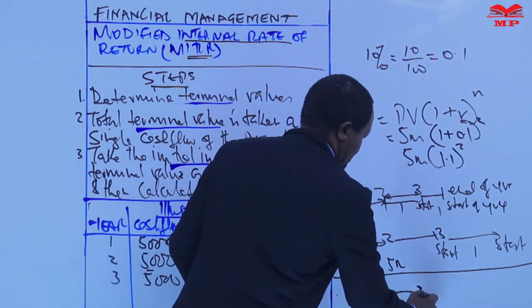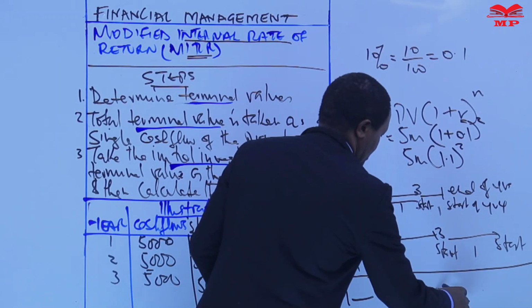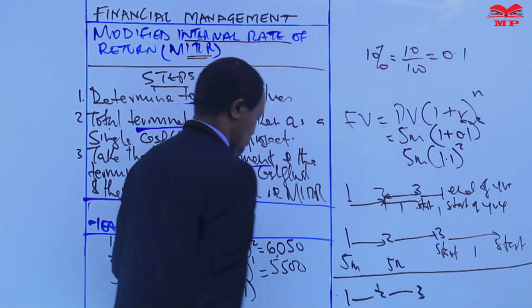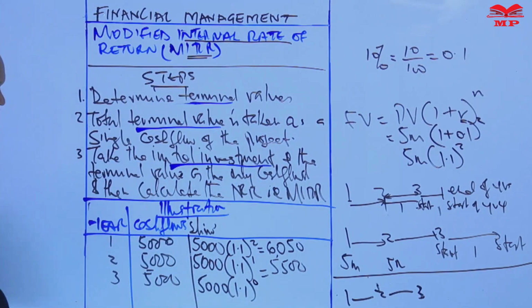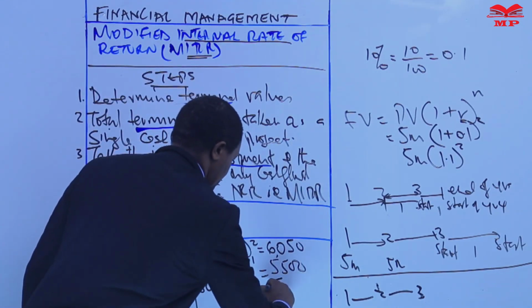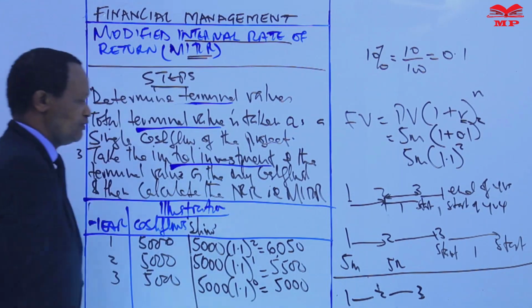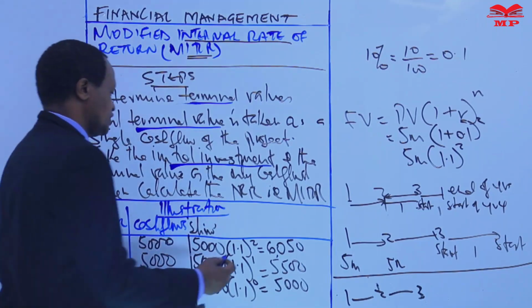So this money is received when we've come to the end of the life of the project. So we are going to raise it to 0. Any number raised to 0 is 1. And therefore the cash flow here remains to be 5 million. So these are terminal values.